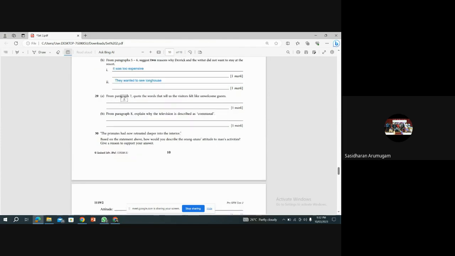From paragraph 7, what is the word that tells us that visitors felt like unwelcome guests?